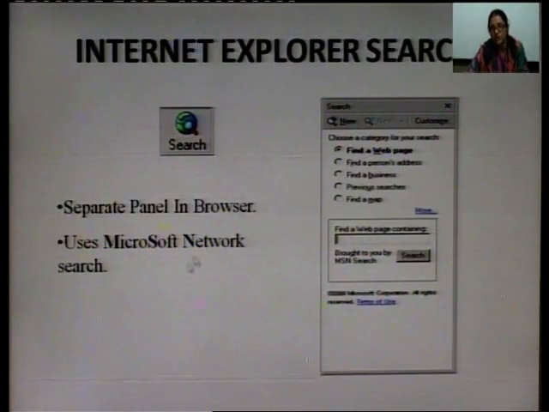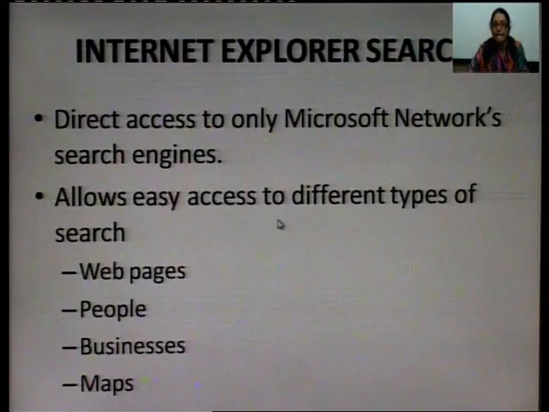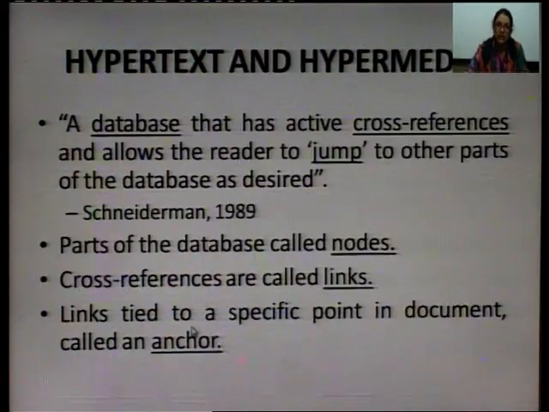This diagram shows Microsoft Network search in Internet Explorer. Direct access to only Microsoft Network's search engine is done through Internet Explorer. It allows easy access to different types of search, that is web pages, people, business, maps, etc.